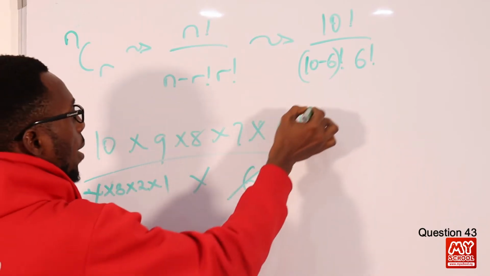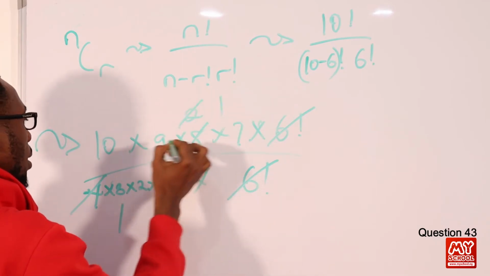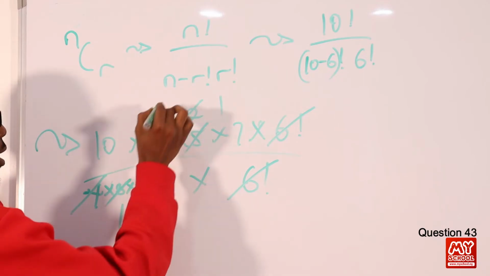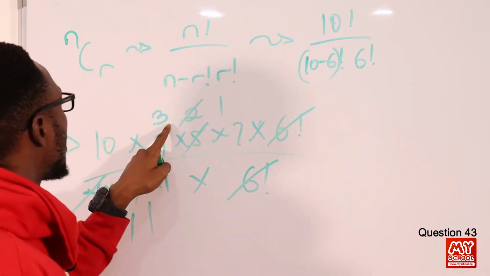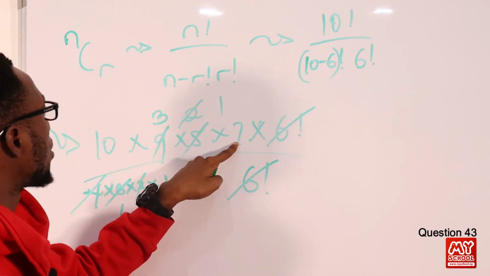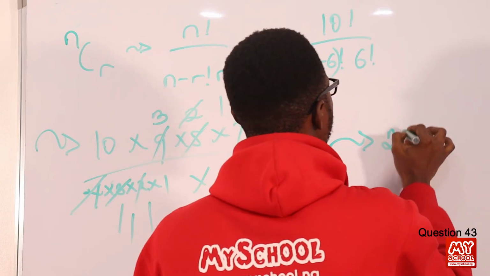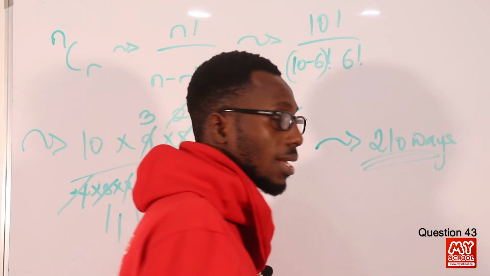Okay, so 6 factorial cancels 6 factorial, 4 over 2, 2 over 1, 2 over 1. Okay, so I have 3 over 1, 3 times 7, that is 21. 21 times 10, that is 210. So I have 210 ways to carry out that selection.